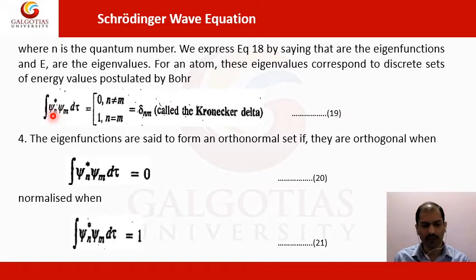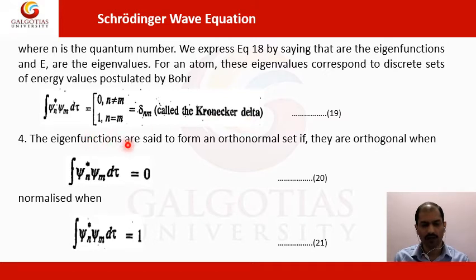So here is the integration of psi star n psi m d tau. You can see this form comes out as 0 when n is not equal to m, and 1 when n equals m. So this is delta n m, which is called the Kronecker delta.